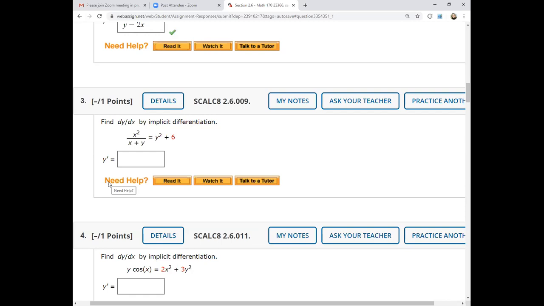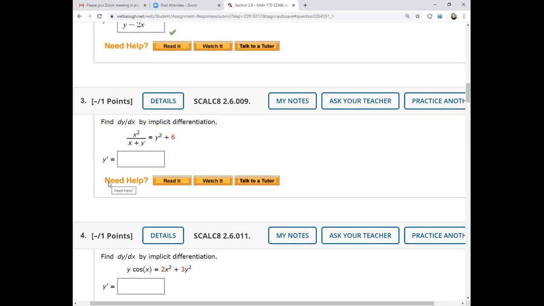Now, the next part is the derivative with respect to x of x plus y. Well, that just means I'm adding two derivatives. So d/dx of x is 1, and d/dx of y is dy/dx. So I have x squared times the quantity 1 plus dy/dx.